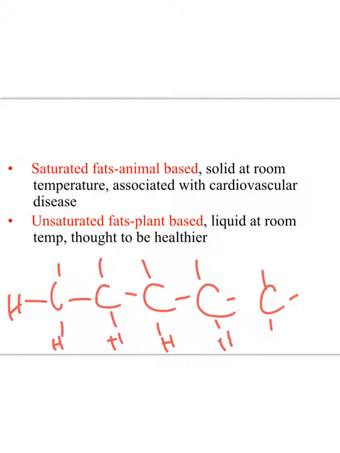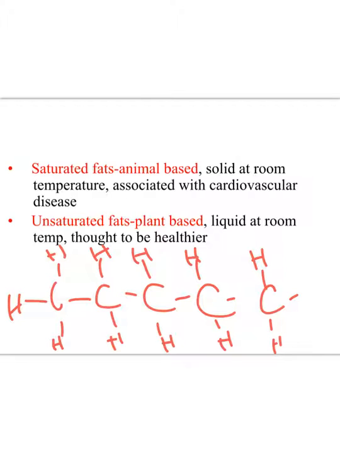There is no place that you can actually add another hydrogen atom. So if the entire molecule looked like this with all these single bonds, that would be referred to as being saturated because it's full.